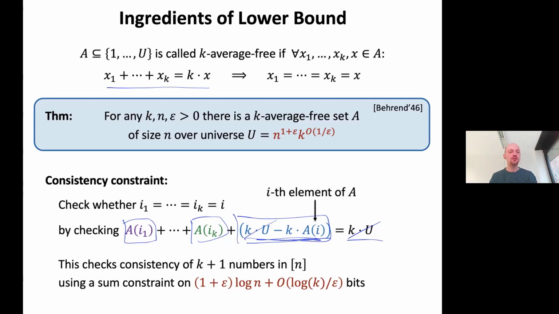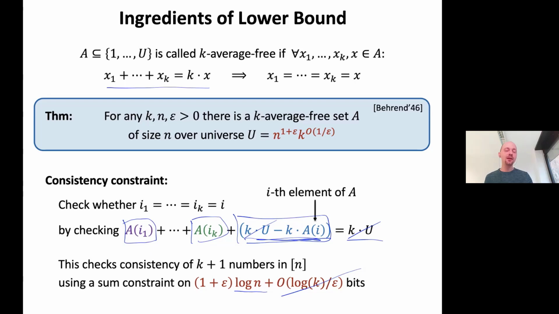The number of bits is just the log of the universe size of Behrend's construction. So this is just 1 plus epsilon log n plus something depending on k and epsilon. And normally when we use this, this dependence on k and epsilon is negligible. We just get this 1 plus epsilon log n. And log n you certainly need, right? If you want to check whether two numbers in the range 1 to n are equal, you need to check at least log n bits.